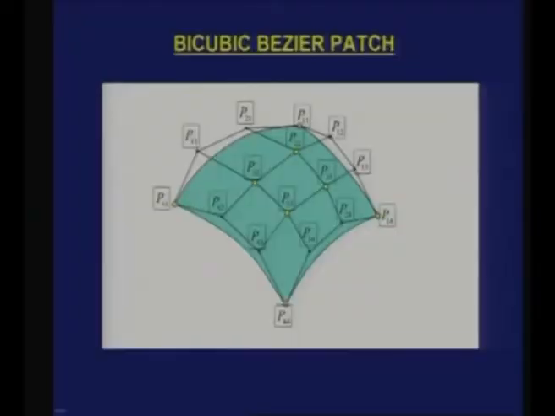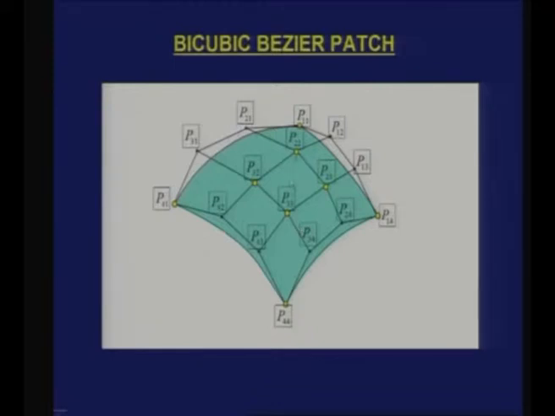Here is a simple example of a bicubic Bezier patch which is shown here. You can see the 16 points which are defined, and the surface is only interpolating the 4 corner points, which are there in the 4 corners, whereas all the other control points will influence the shape of this particular surface or patch.